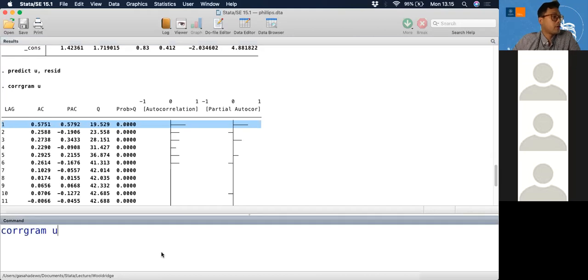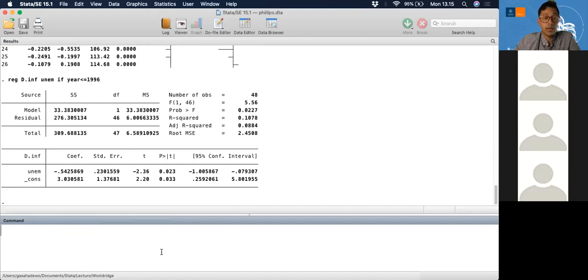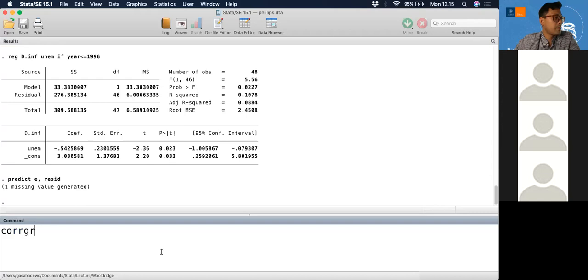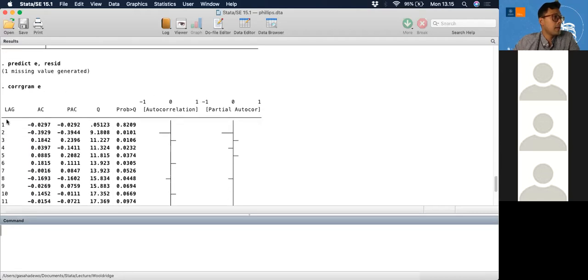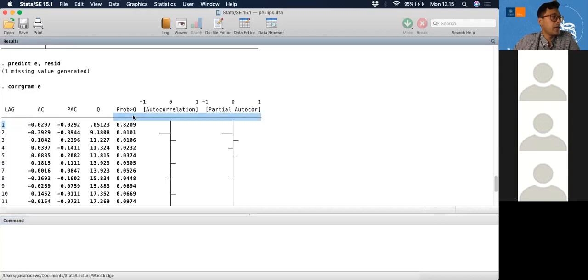Now, I'm going to contrast this with the regression of inflation on adaptive expectation and unemployment. I'm going to do the same, predict the residual, and do a correlogram analysis on the residual. Now, as you can see, in lag 1 there is basically almost no autocorrelation, which is relatively close to 0.